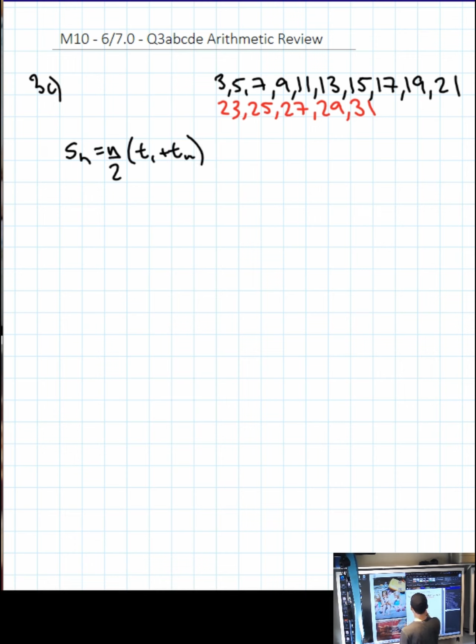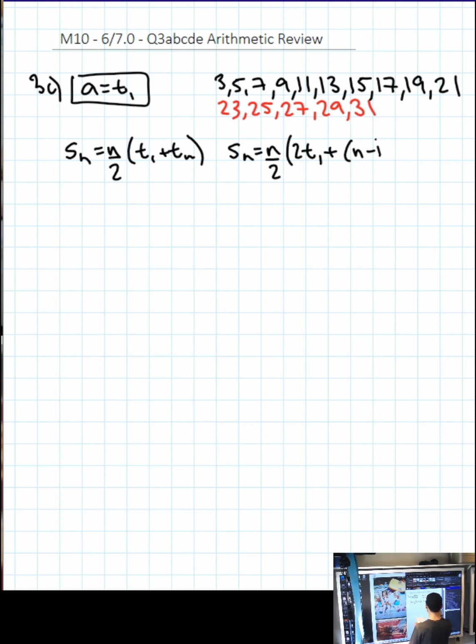Notice I've just gone back and forth between a and T1. They are the same. You can go back and forth between the two. So that's one of the formulas. The other formula is Sn equals n over 2, open bracket, 2T1 plus (n minus 1)d.